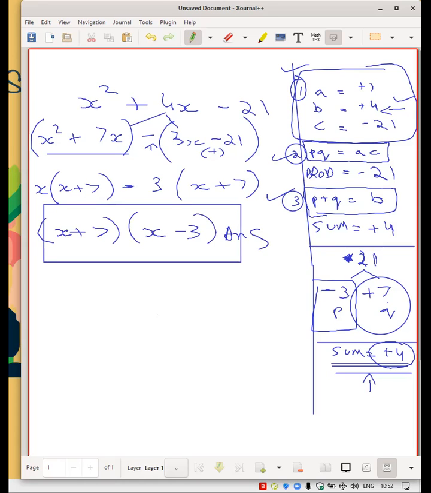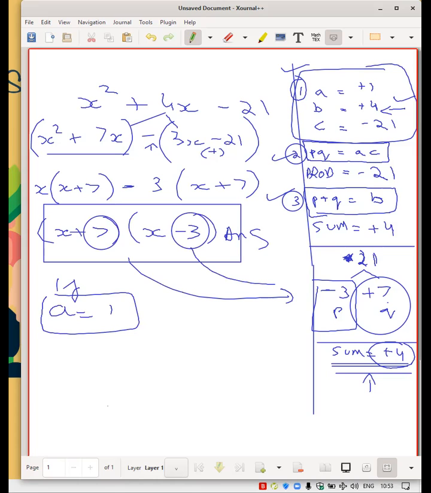Did you get this? Now you will see one interesting thing. If the value of A is 1, did you see that P and Q are the factors itself which have come out here? These are the same factors which we had over here. So at this step itself, I could have just written x minus 3 and x plus 7.